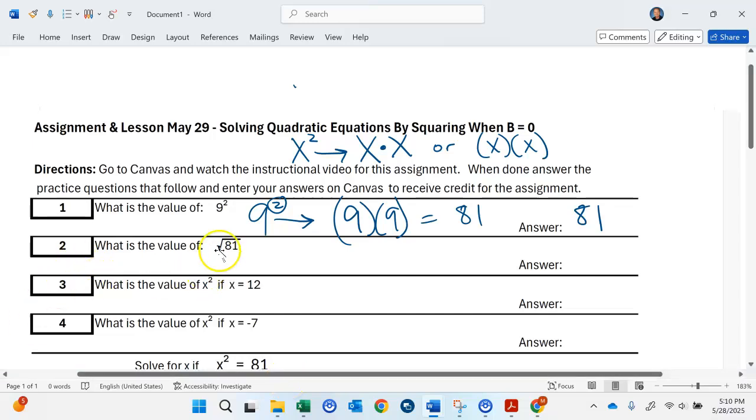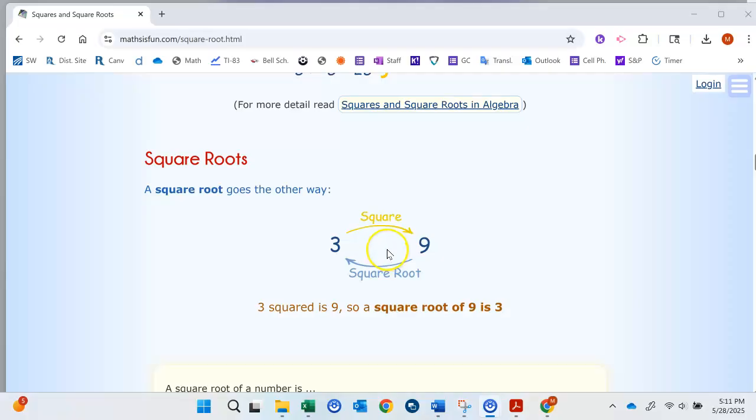Now we also have this one right here. What is the square root of 81? What the square root means is it's going to give you a number. So let's look at this. A square is when you take a number like 3 and you multiply it times itself to become 9.